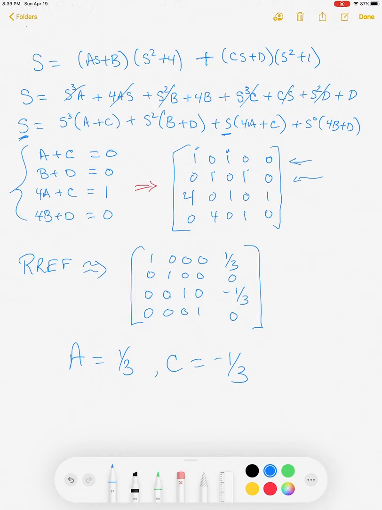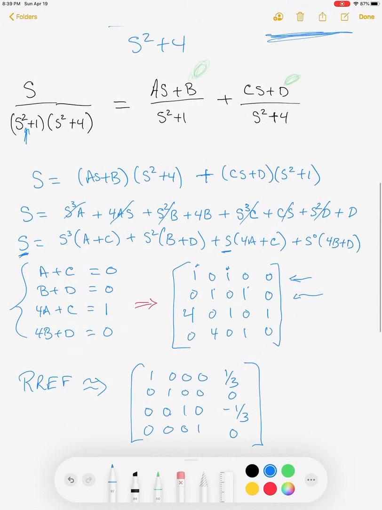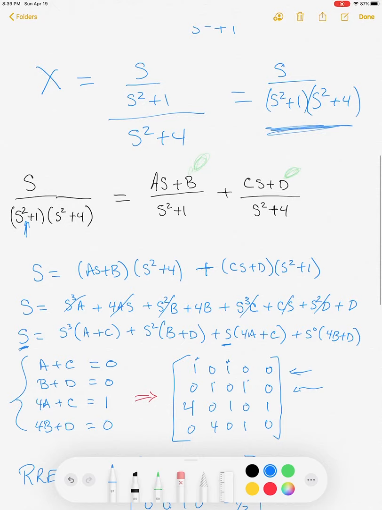Okay, so that means that I have s over s squared plus 1 times s squared plus 4 is equal to, way up here, I had this A, and I guess as it turns out, I didn't need the B, and I didn't need the D, but I couldn't remember at the time.